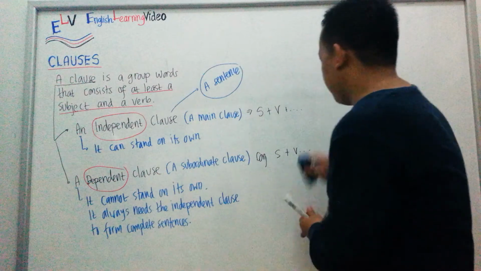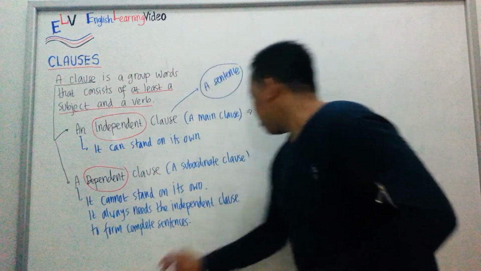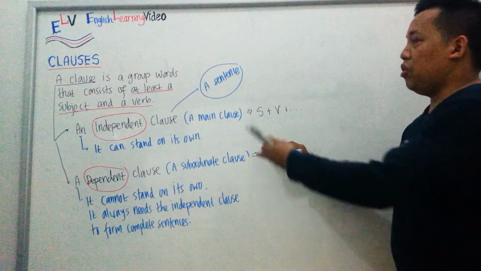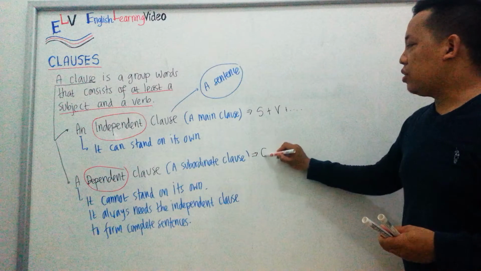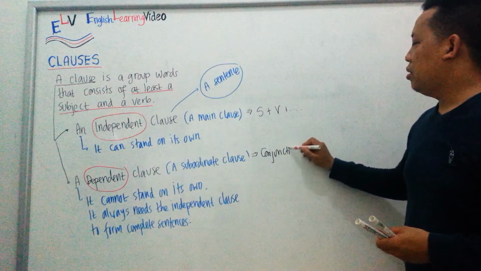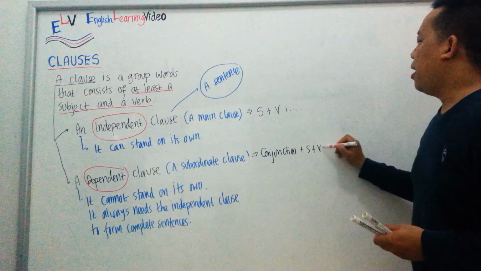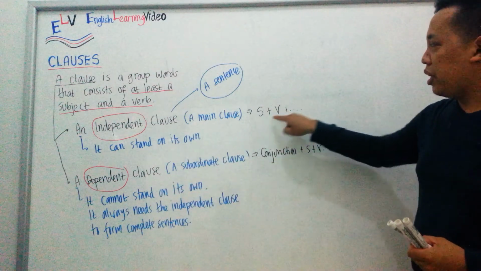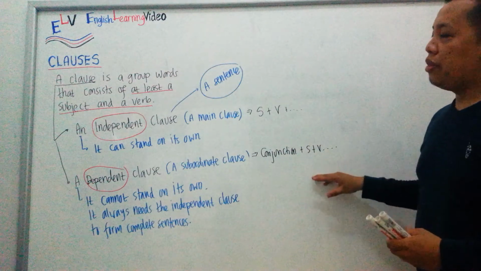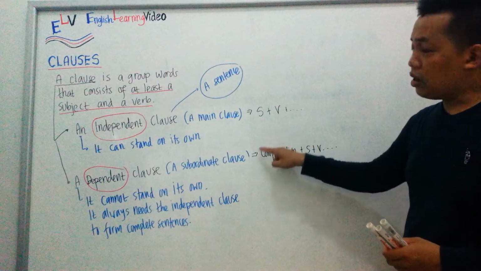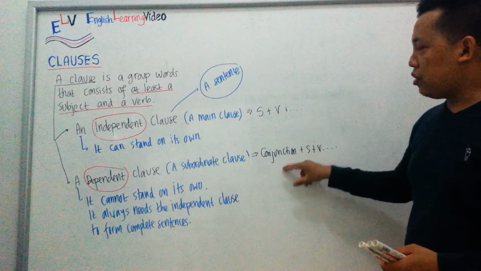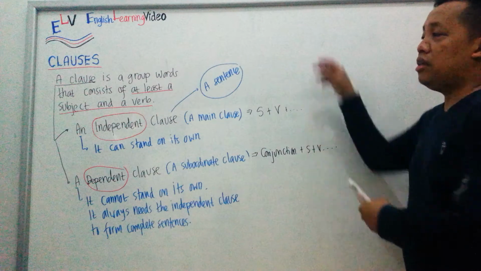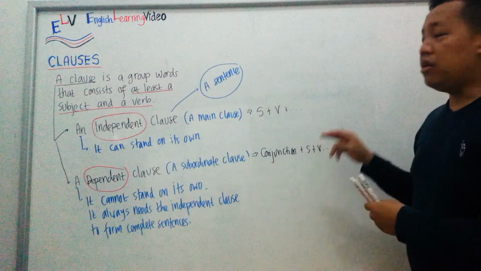Okay, sorry. I need some space here. What makes a dependent clause depend on the main clause, or the independent clause, is the presence of a conjunction. Conjunction, subject, and verb. Okay? Both are clauses, that is why they consist of a subject and a verb. But the dependent clause has a conjunction in it, and the presence of this conjunction makes it always need the independent clause. That is why it can never stand alone.